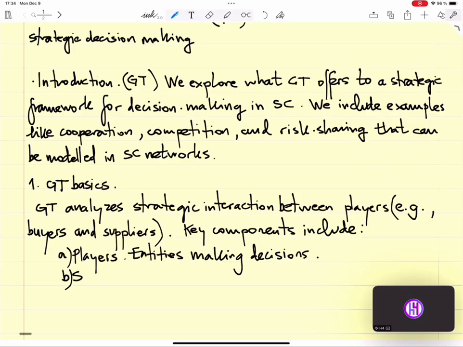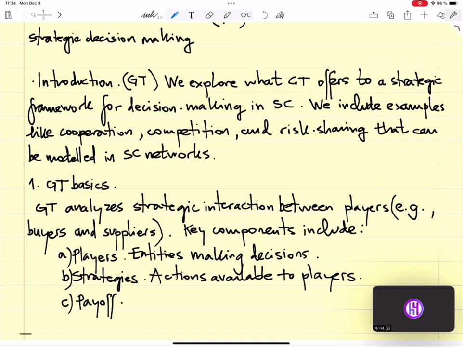Then strategies. Here we have actions available to players. Actions can be to set a price or improve quality. Then the payoff.